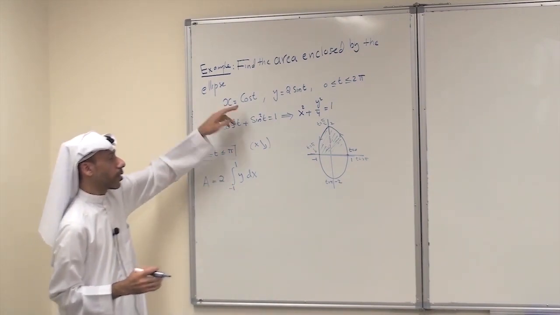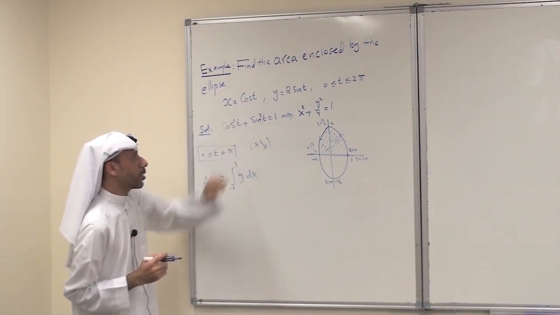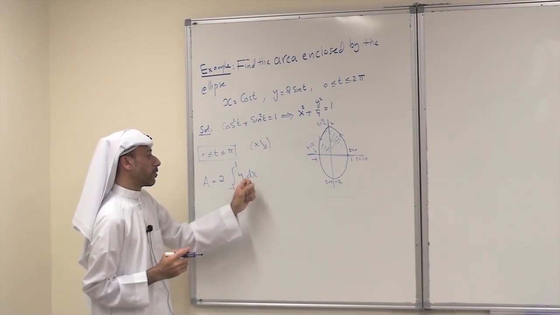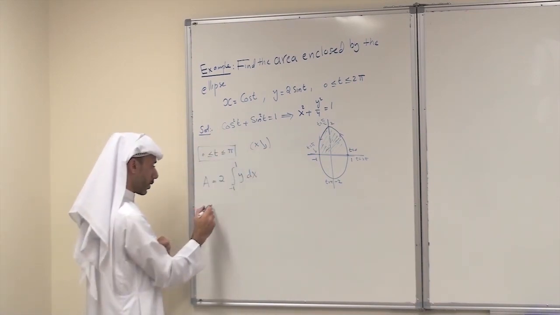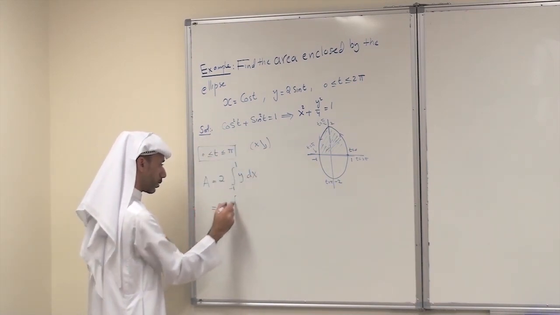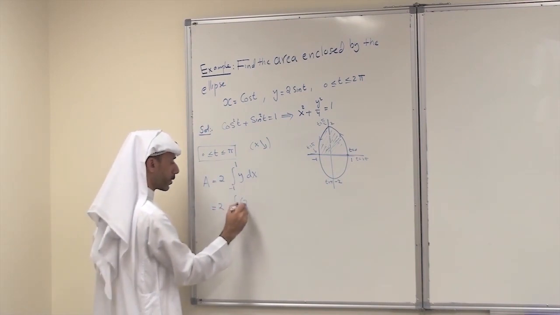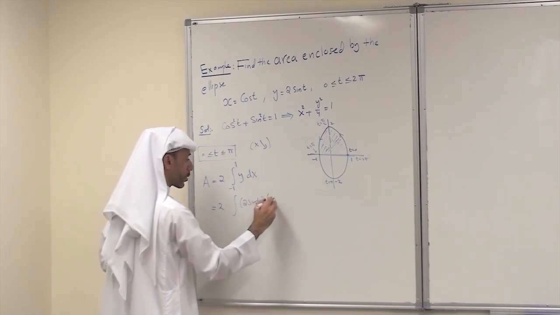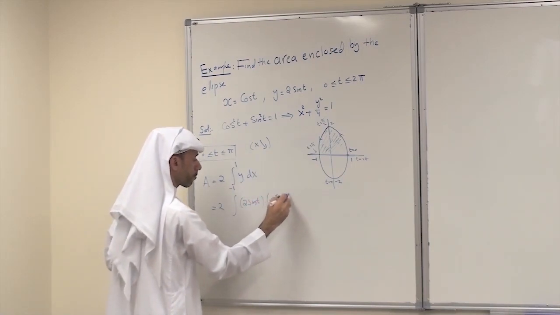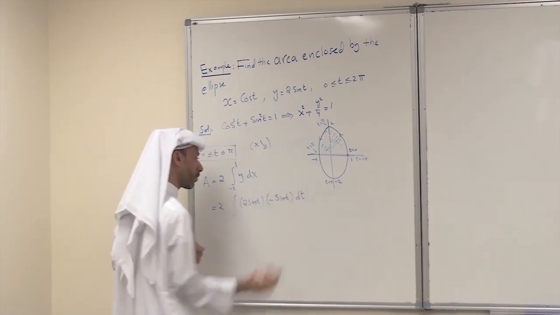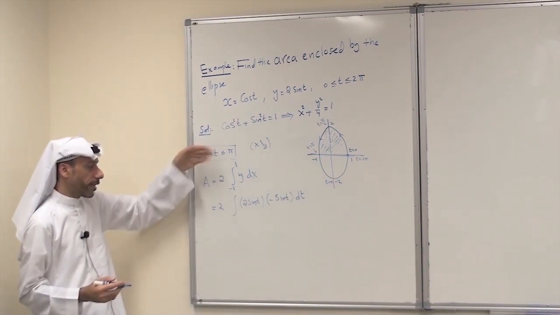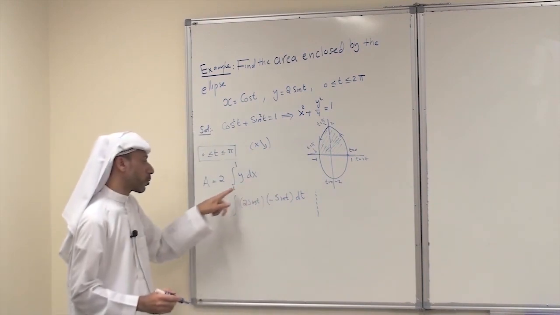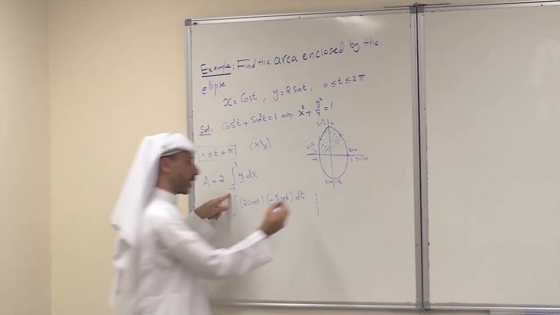Now go to parametric form. Now replace y by its value and find dx in terms of t. So this gives us the following: 2 times the integral, y is just 2 sine t, dx is minus sine t dt. What about the limits? Now here you just make a change. If x equals minus 1, what is the corresponding t?